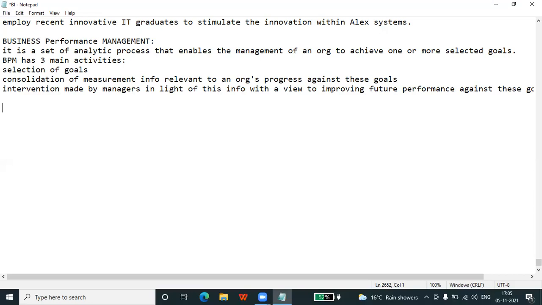Because business performance management activities in large organizations often involve the calculation, collation, and reporting of large volumes of data, many software vendors, particularly those offering business intelligence tools, market products intended to assist in this process.